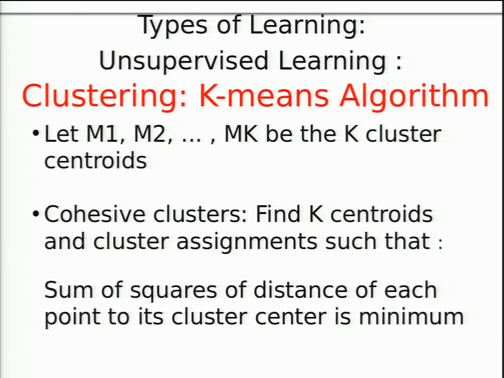In this particular case, the objective function is to minimize the distance of every data point to the center of its corresponding cluster, its cluster centroid. Out of multiple cluster assignments, I want to find the cluster assignment that minimizes this distance. That is my objective.